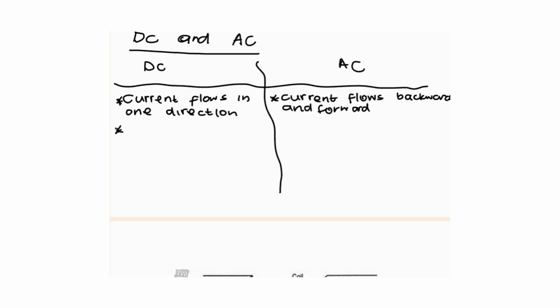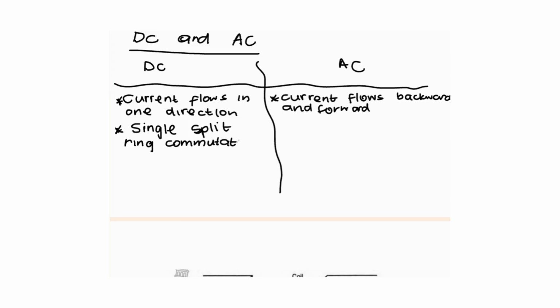Another difference, which you will be able to see whenever you're looking at a DC structure, is that a DC has what we call a single split ring. It is also called a commutator.